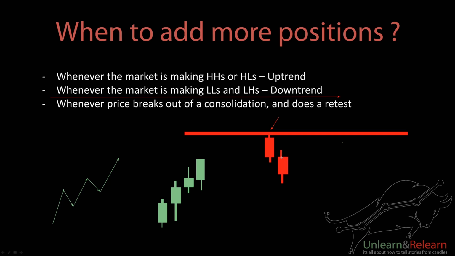Now, you may ask, is this valid on the 5-minute time frame, or on a 15-minute time frame? If you're waiting for these candles to print, you're going to get really strong confirmations on the 30-minute time frame. On the 1-hour or 15-minute time frame, the confirmations might not be that good.